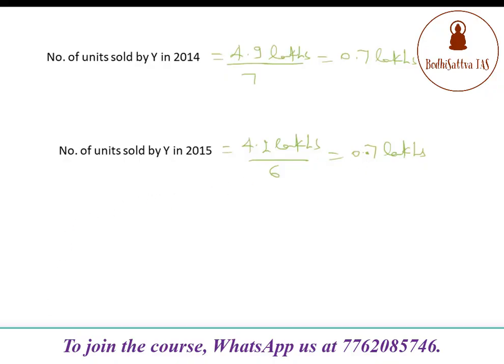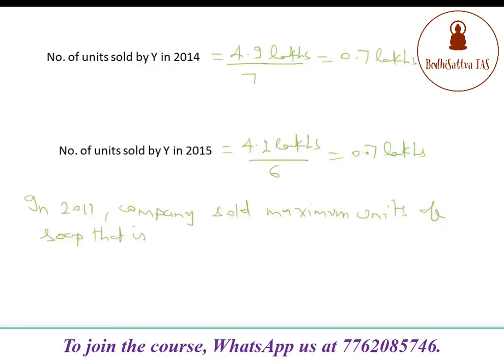If we compare the data, we see that in 2011, company Y sold maximum units of soap, that is 1.1 lakh.